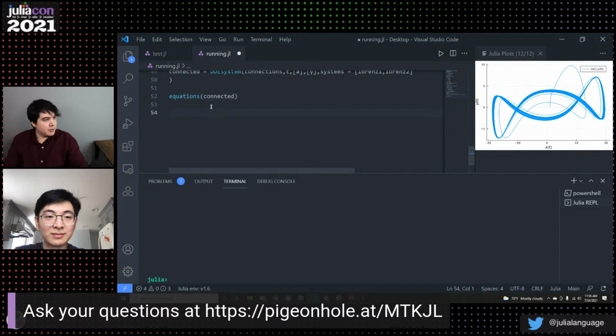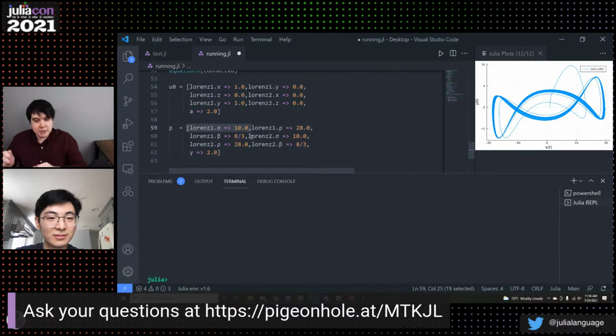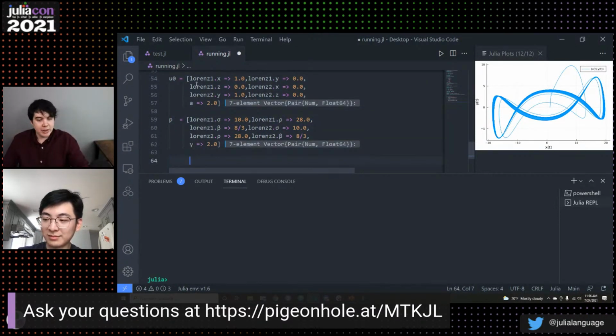So let's then copy over some initial conditions because this is a pretty long list. We have to give the initial conditions and parameters for each of the different variables. But other than that, it's going to be the same as what we did before. We define the time span that we want to solve this on.